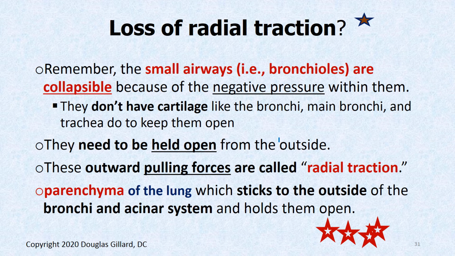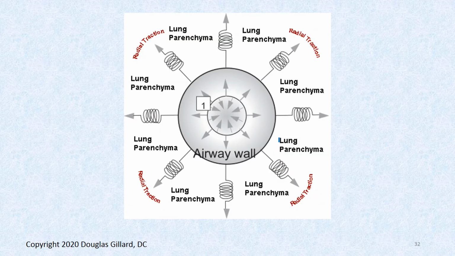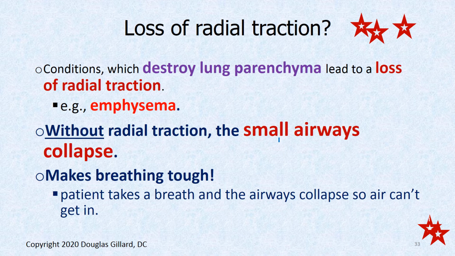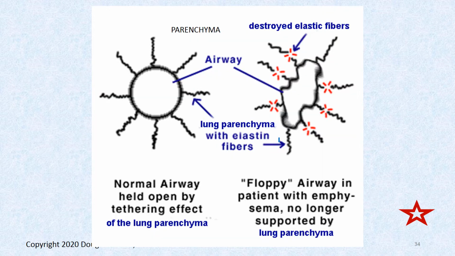So you lose radial traction in diseases like emphysema. That lets your pipes snap shut naturally, and you can't breathe because your pipes are clogged. Right? We looked at that before. Loss of radial traction destroys the lung parenchyma. Without the radial traction, the small airways, especially bronchioles, collapse, and you can't breathe.